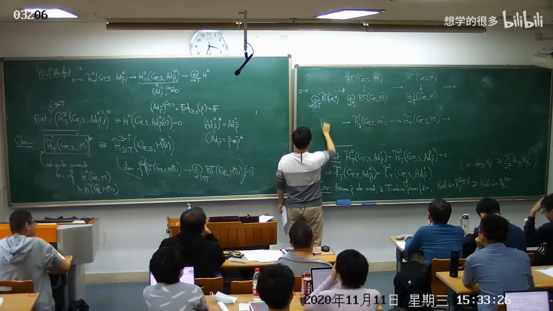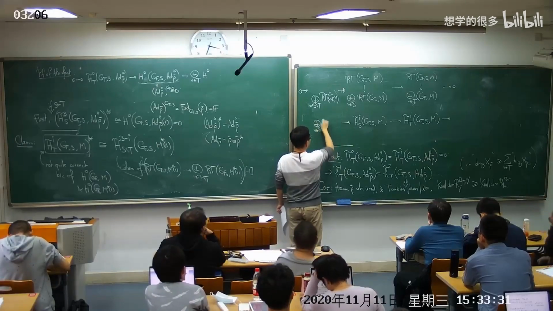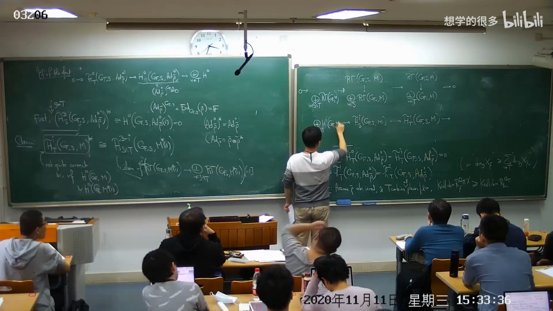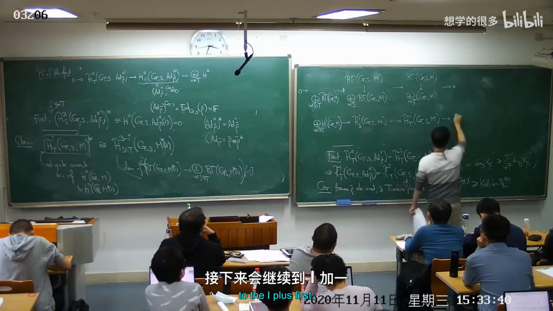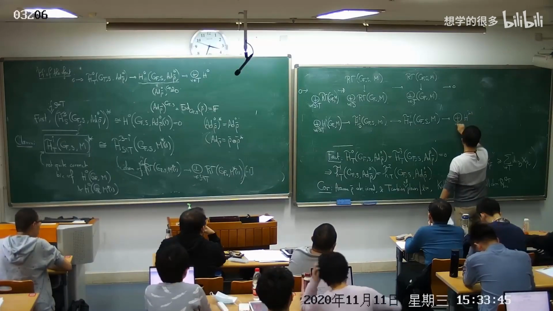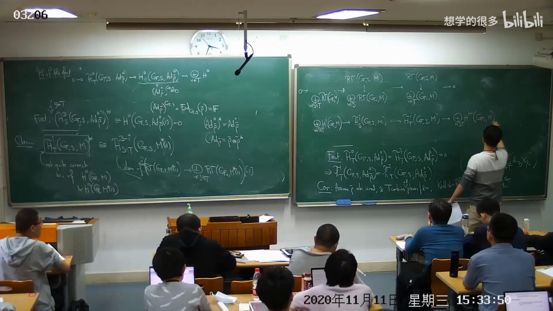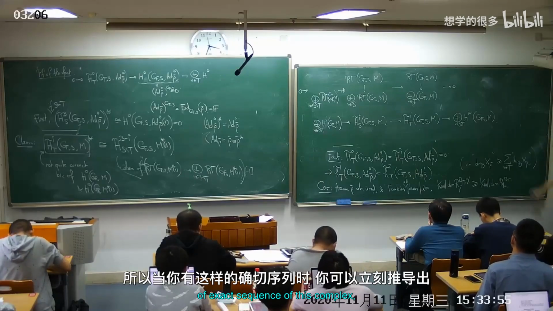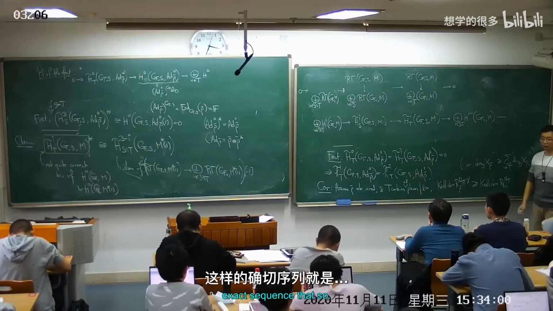So this is going to be H^I, direct sum of T, and this will continue on to the I plus first, and so on and so forth. So when you have this exact sequence of complexes, you would deduce immediately an exact sequence as so.